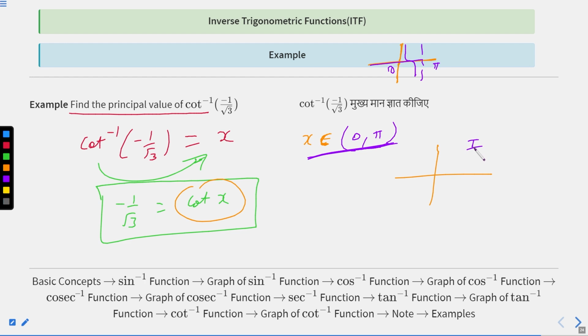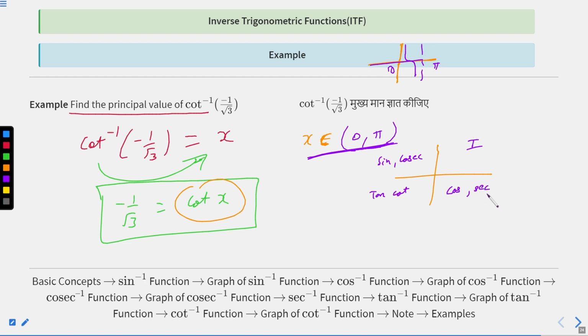In the second quadrant sine and cosec are positive, in the third tan and cot are positive, and in the fourth cos and sec are positive.